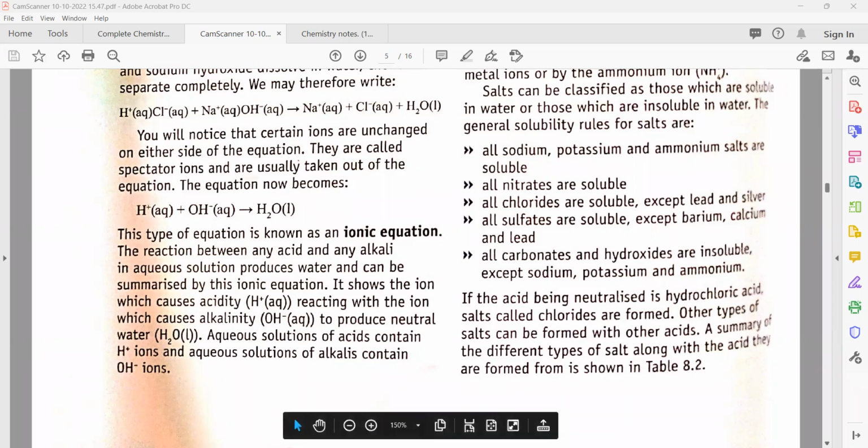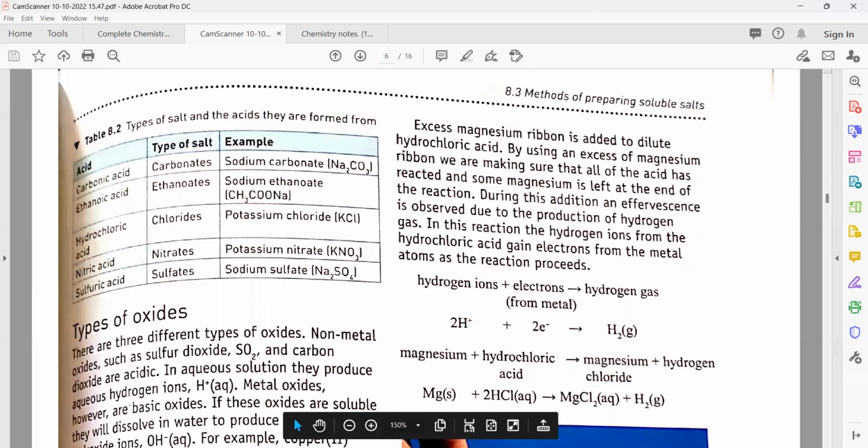So you can see here carbonic acid gives carbonates, ethanoic acid gives ethanoates, hydrochloric acid, which we just did, gives chlorides, nitric acid gives nitrates, sulfuric acid gives sulfates. So this is the simple example and the name, and after that, the type of salt you obtain during this reaction, you can see here.